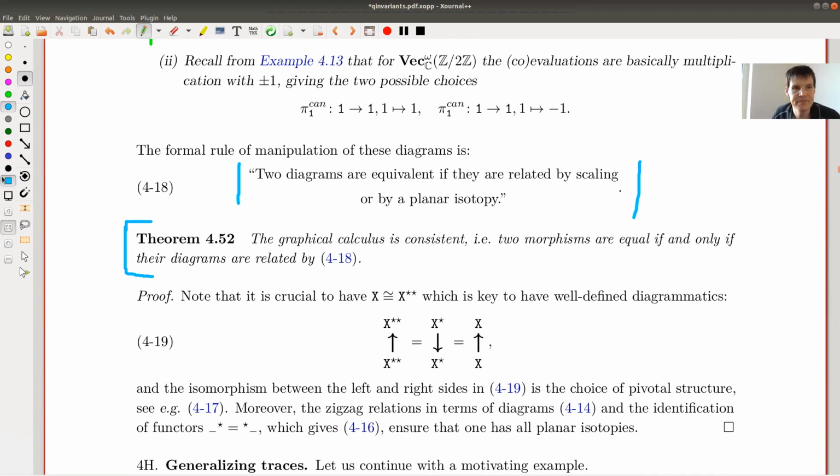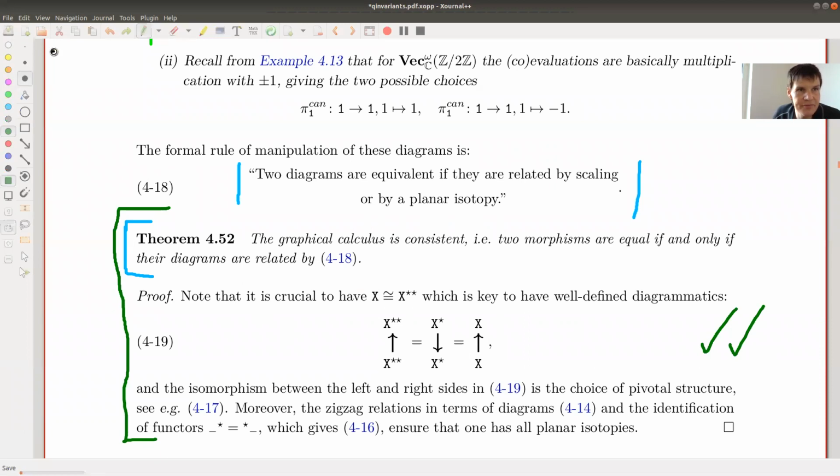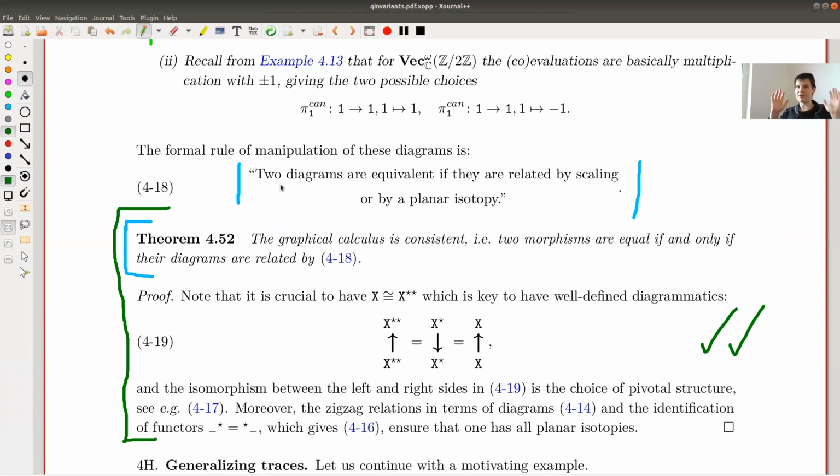Okay, let me end. So this is absolutely great. It's really good. So we finally have our two-dimensional calculus in kind of the best way you can imagine it.